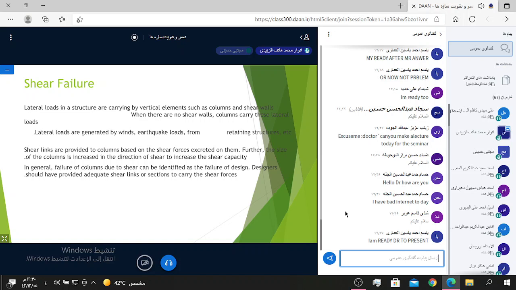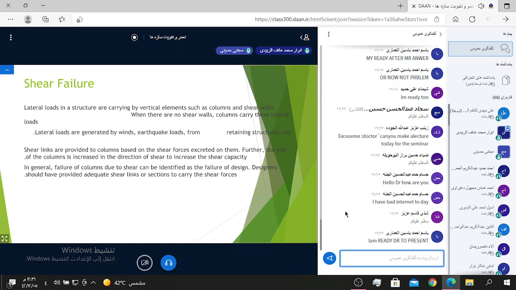Lateral loads are generated by wind, earthquake loads, and retaining structures, etc. Shear links are provided to columns based on the shear forces exerted on them. Further, the size of the columns is increased in the direction of shear to increase the shear capacity.